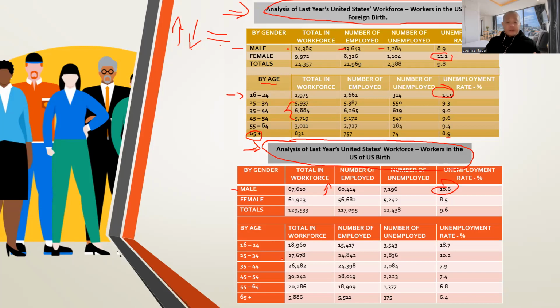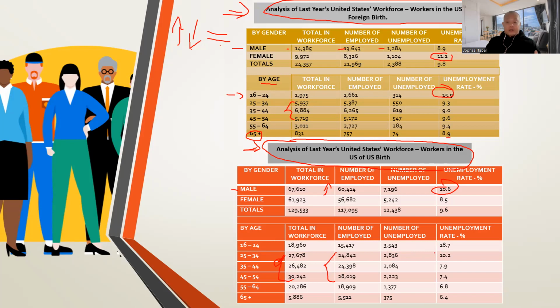Okay, and then in terms of age group, the same. The age group with the highest number is from 25 to 54. And the younger age group, from 16 to 24, didn't have a greater number in terms of getting a job.